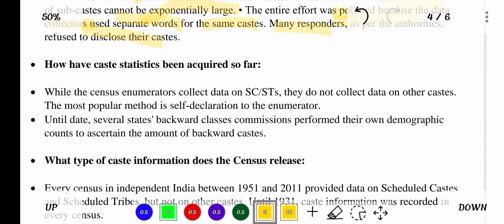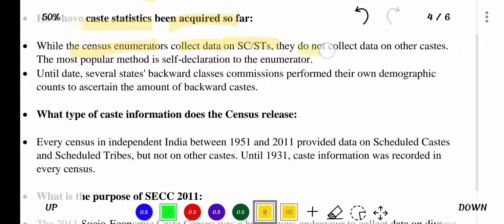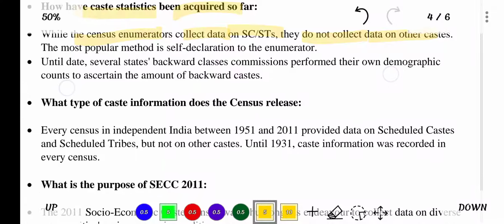How have caste statistics been acquired so far? While the census enumerators collect data on SC/STs, they do not collect data on other castes. The most popular method is self-declaration to the enumerator. Until date, several states' backward classes commissions performed their own demographic counts to ascertain the amount of backward castes.